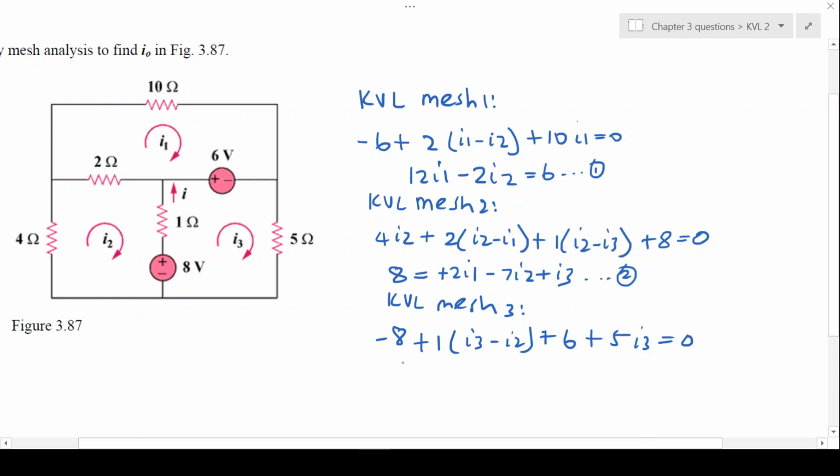If we simplify this expression, negative 8 and 6 will give us a value of negative 2.